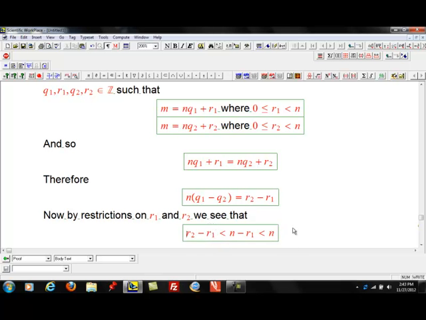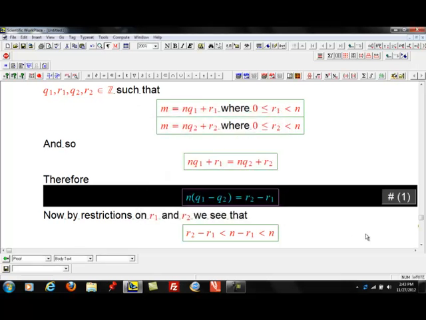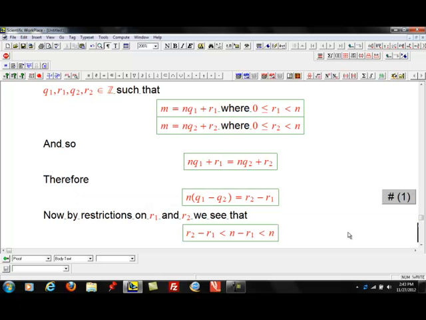So go back and look at what we have for our equality right here. I'm going to call this equation 1. Okay, so look at equation 1. It's kind of entertaining. We have n times some integer is equal to some value smaller than n.